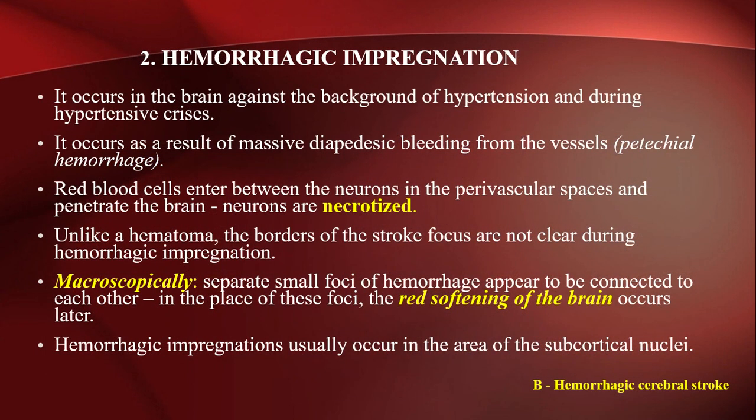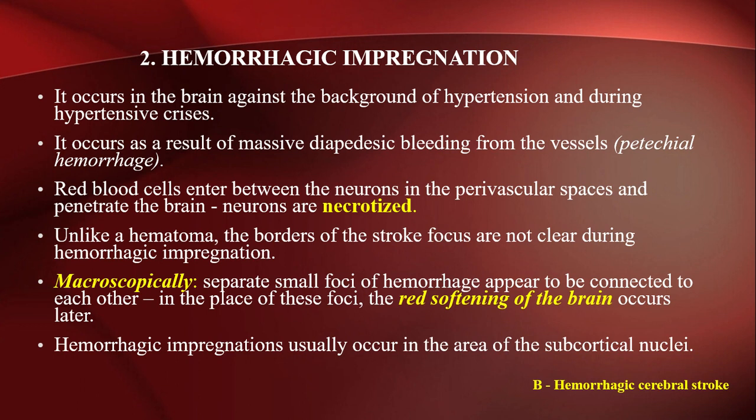Hemorrhagic impregnation occurs in the brain against the background of hypertension and during hypertensive crises. It occurs as a result of massive diapedetic bleeding from the vessels as petechial hemorrhage. The erythrocytes enter between the neurons in the perivascular spaces and penetrate the brain, and neurons are necrotized.